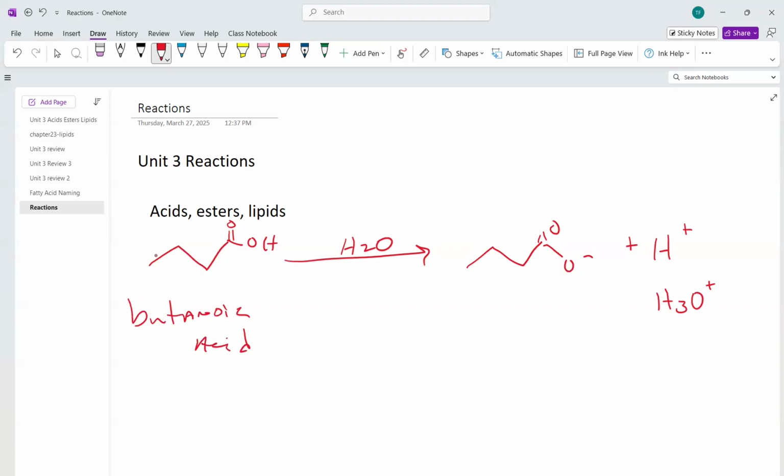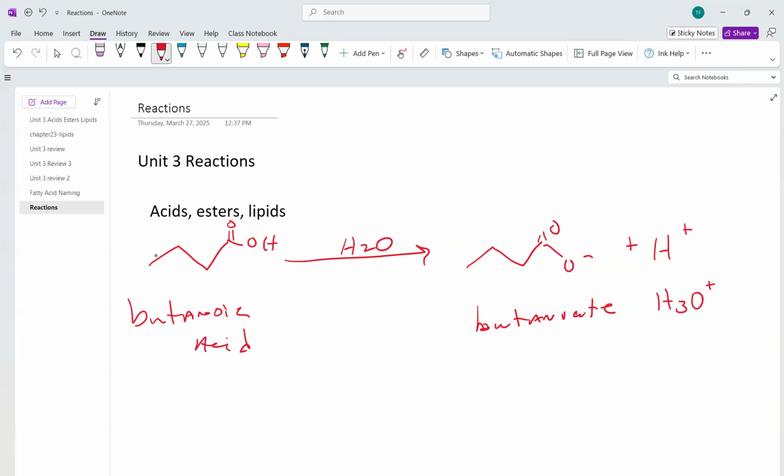We have to name everything. So this is going to be butanoate. So this always happens in water. Now, there's two kinds of acids, as I was mentioning. There's strong acid and weak acid.